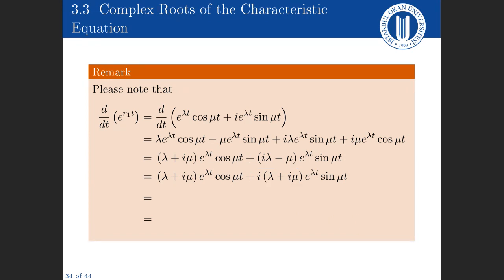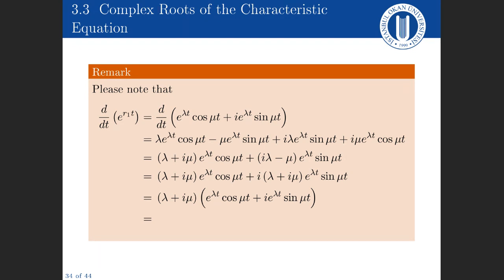But wait a minute, here's lambda plus i mu and here's lambda plus i mu. Here's an e to the lambda t. Here's an e to the lambda t. We can factor these out. And we get lambda plus i mu, times e to the lambda t cos mu t, plus i e to the lambda t sin mu t.